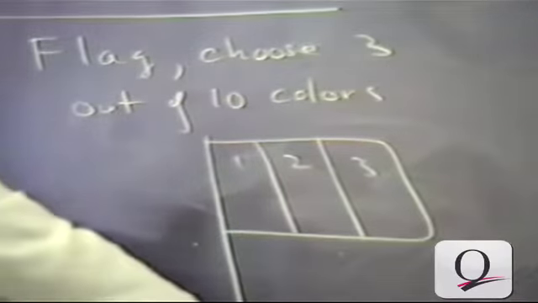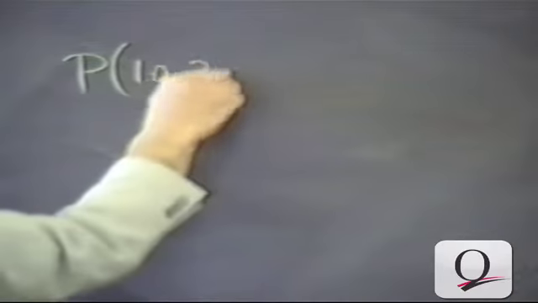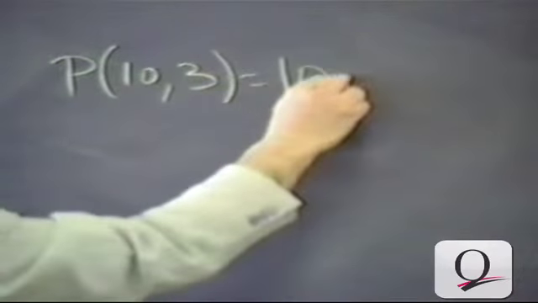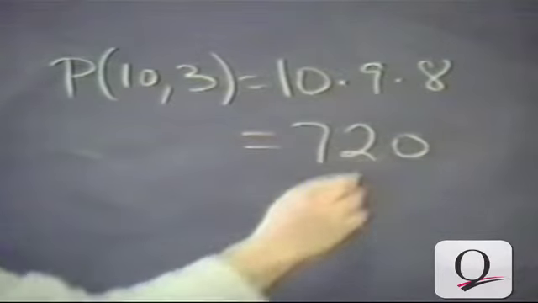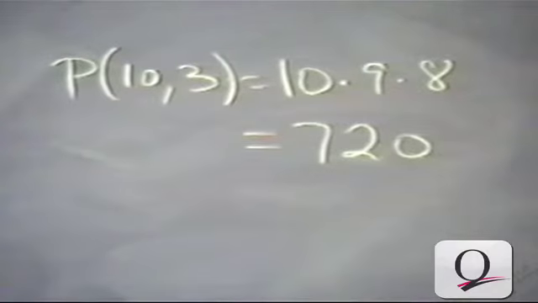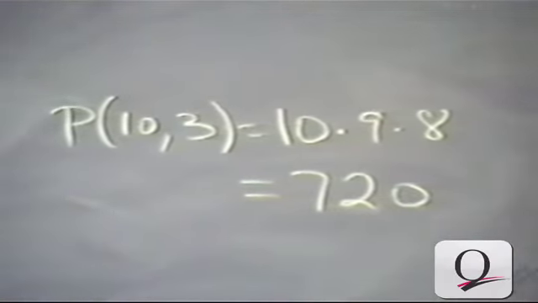So this flag could be made in, it's the number of ways I can permute 3 out of 10. 720 ways to make this flag. Okay?